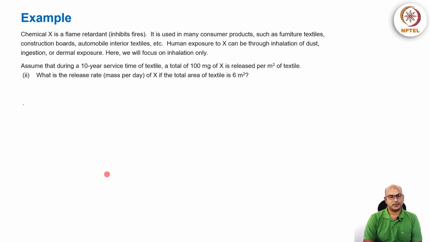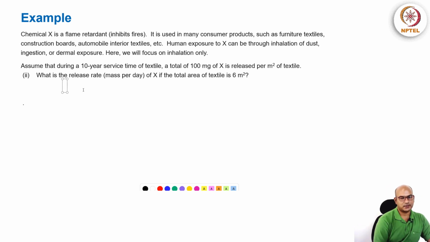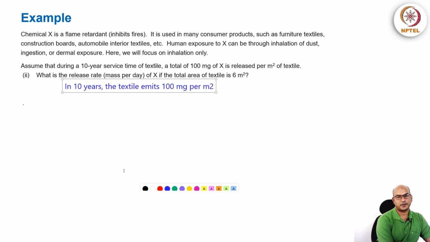So the next is, what is the release rate, mass per day, of X if the total area of the textile is 6 meters square. Okay, so we have in 10 years the textile emits 100 milligram per meter square.